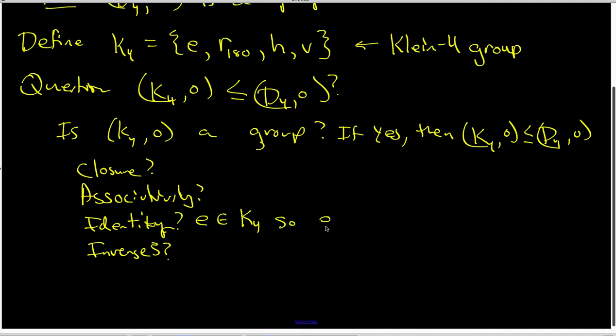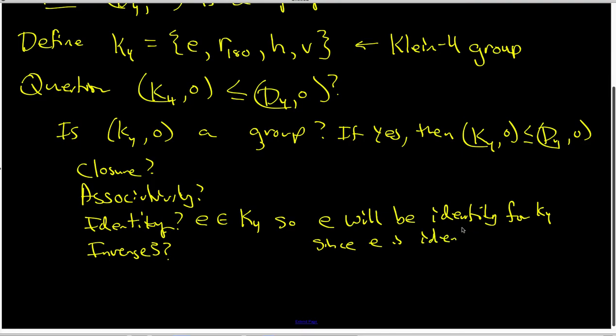So E will be an identity element for K4 since E is an identity element in D4, and K4 is a subset of D4.